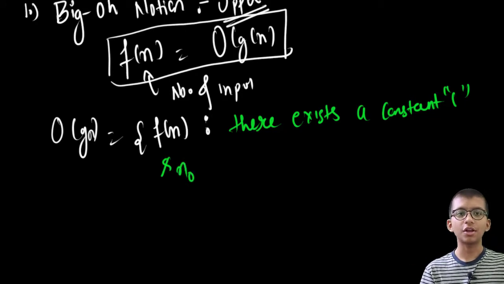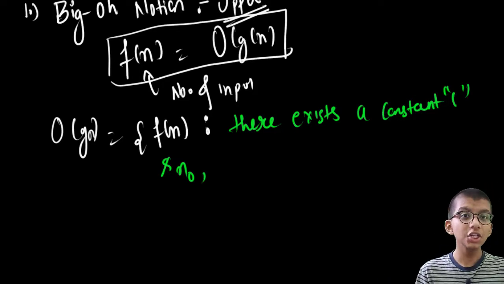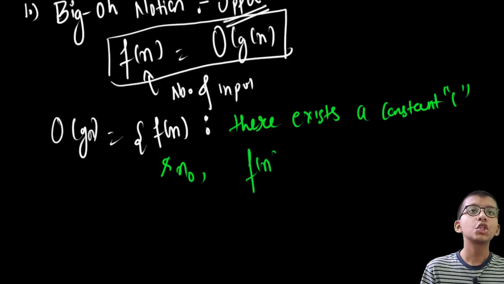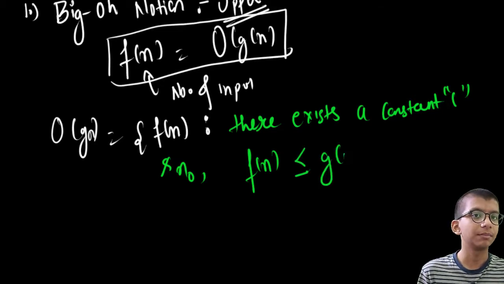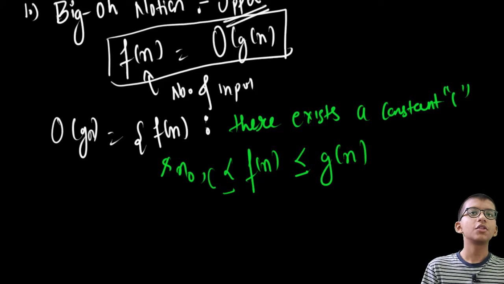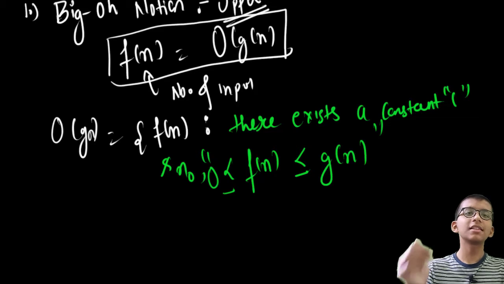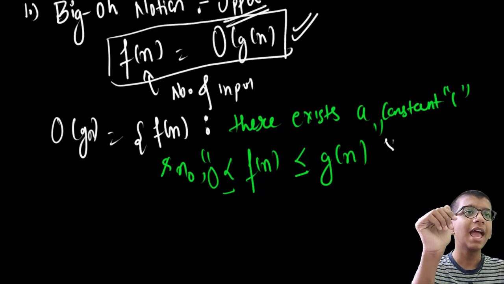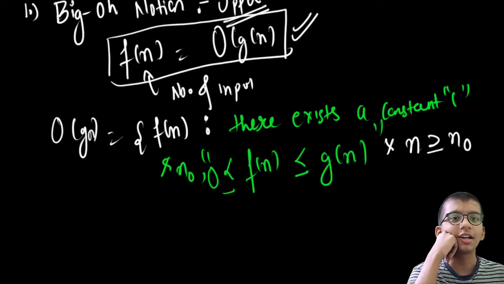The condition to satisfy is that f(n) should be smaller than or equal to c times g(n), which is our algorithm's function. Also, one more condition is that n should be greater than or equal to n naught. This is my other condition.